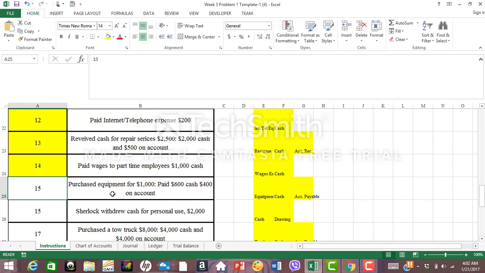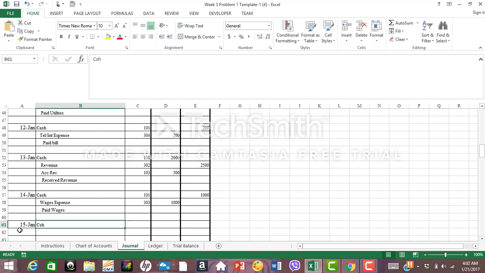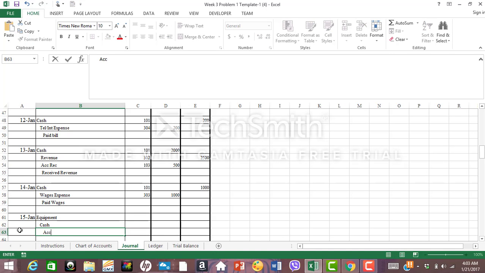The first one is purchased equipment for $1,000, paid $600 cash and $400 on account. Okay. So January 15th, we know cash is getting affected. Well, let's start with equipment. Equipment is getting affected. Some of it is being paid by cash, some of it is being paid by accounts payable.